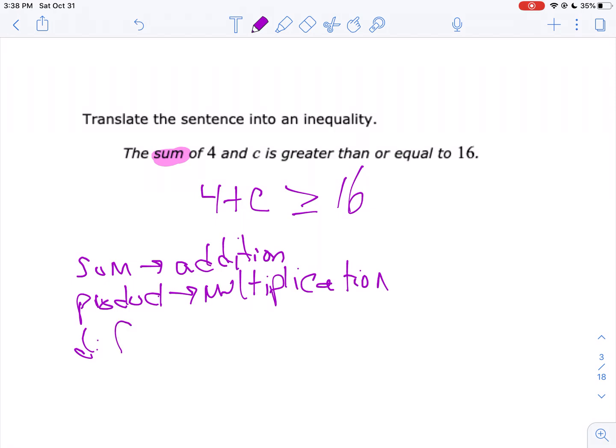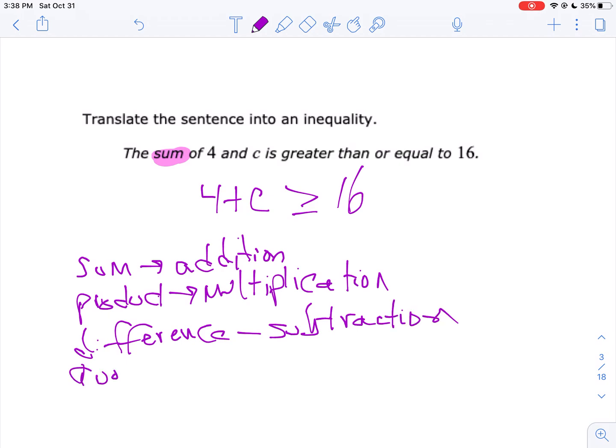Difference is the answer to a subtraction problem. And quotient is the answer to a division problem. You must know these words by now. You've got to memorize them.